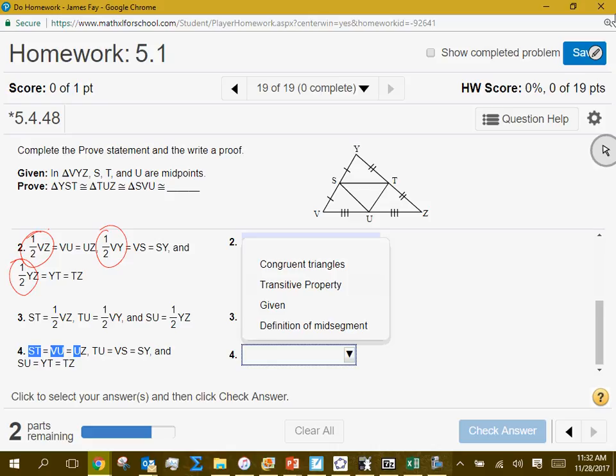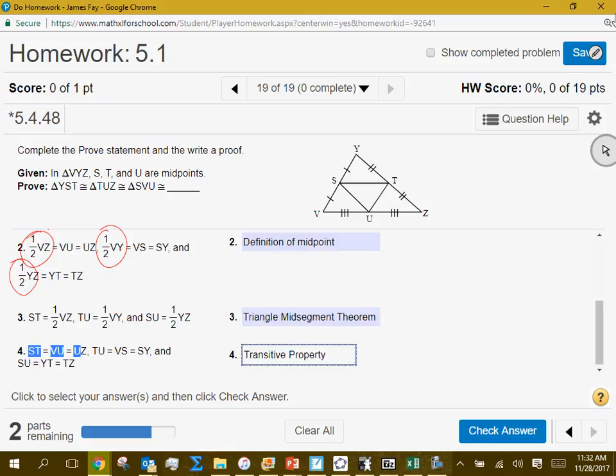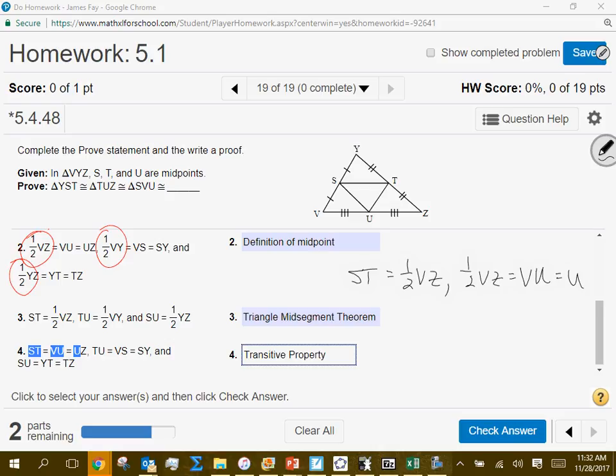It's the transitive property. Okay. I don't necessarily like how they're using the transitive property here, but they're saying that it's this idea here. If I've got ST is equal to 1/2 VZ, and then I've got 1/2 VZ is equal to, let's just write VU, and then UZ. Okay, those are two statements. They're saying this is your A object, this is your B object, this is still B, right?